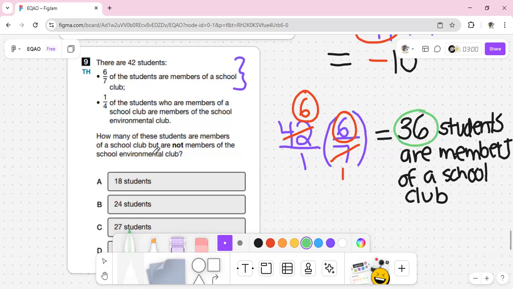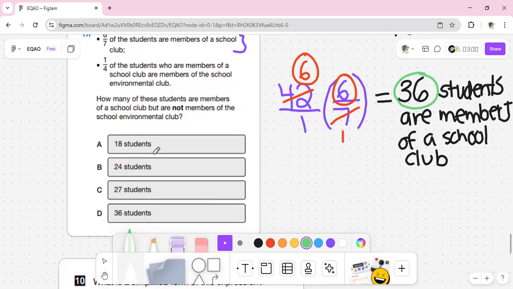The next step is 1/4 of the students who are members of a school club are also members of the school environmental club. So out of the 36 students, 1/4 of them are going to be members of the school environmental club. It's another way of putting it.